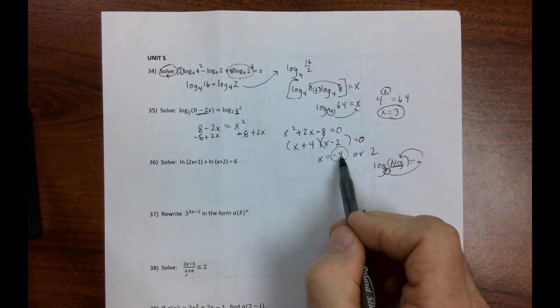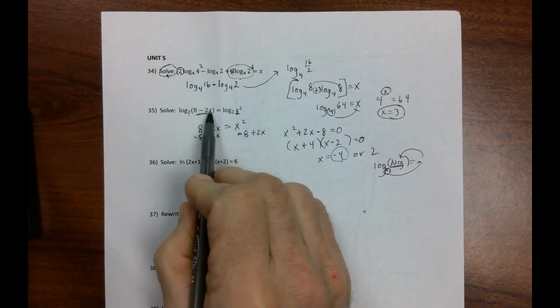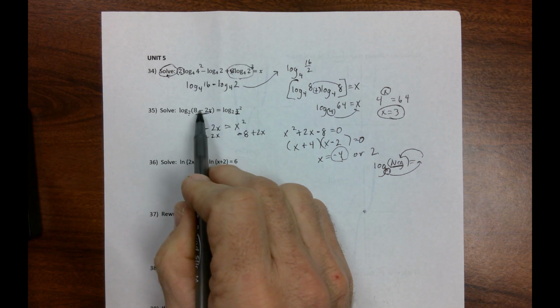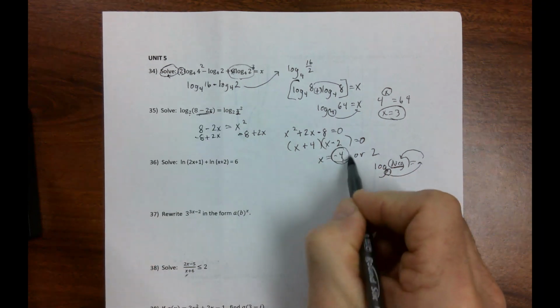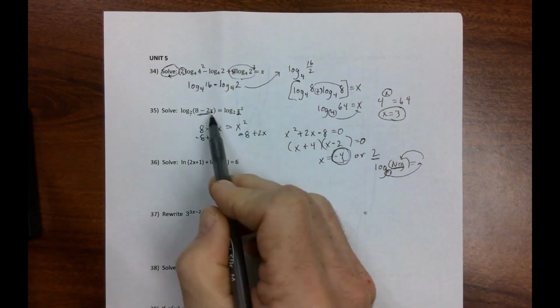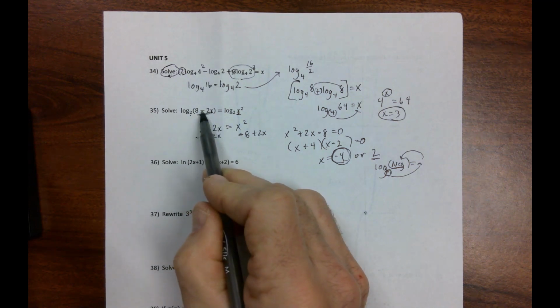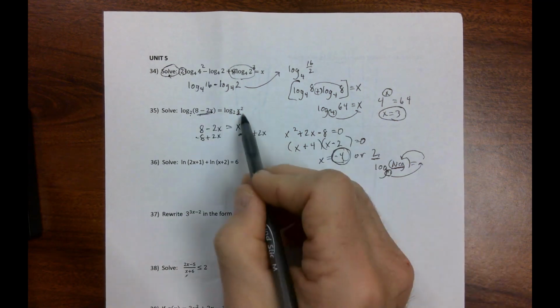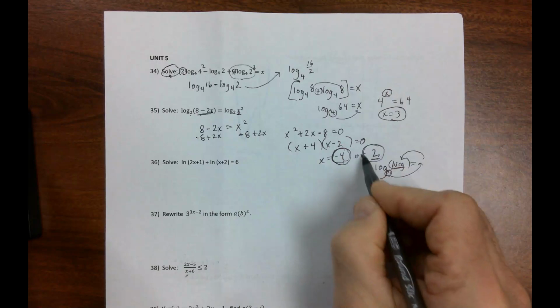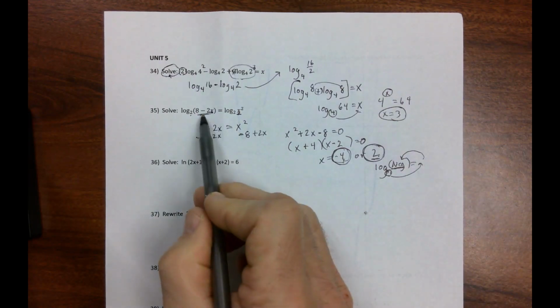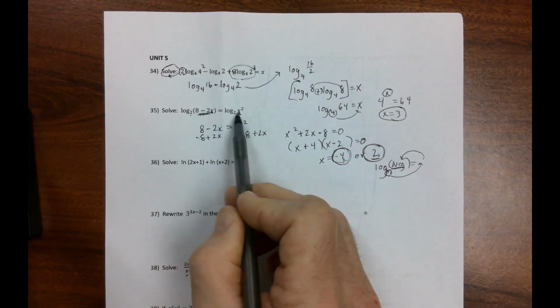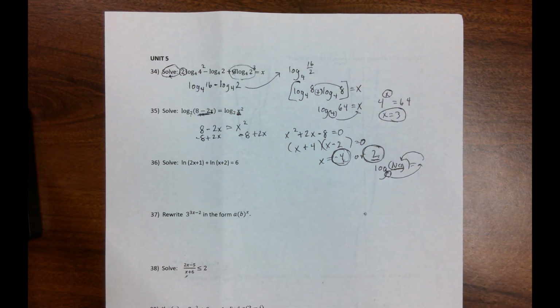If I put a negative 4 in here, I get 8. 8 plus 8 is 16, so that works. Put 2 in. Well, that would be 8 minus 4, which is good. 2, that's good, so they both work. But if you plug these back in and you get a negative something here or here, that would not be a solution.